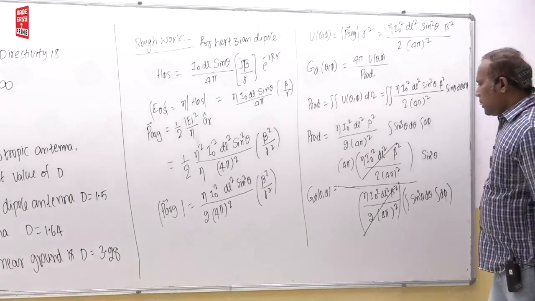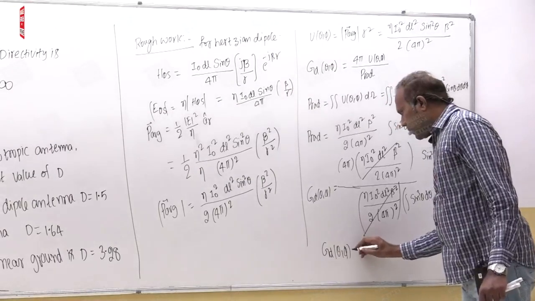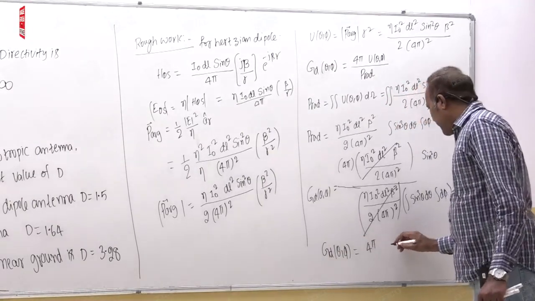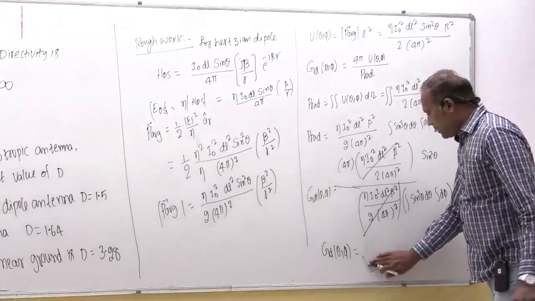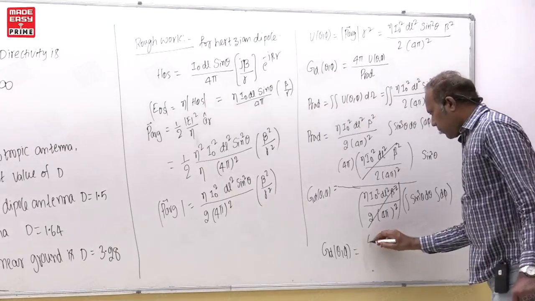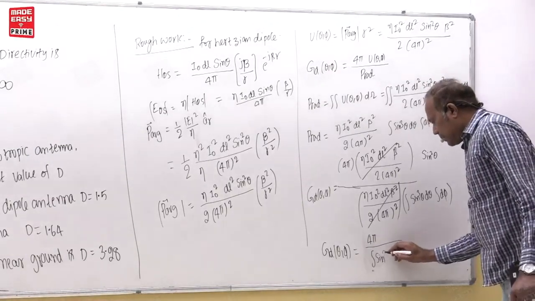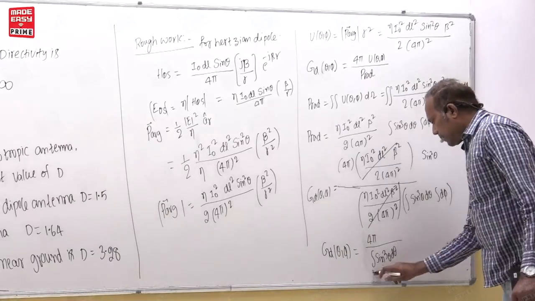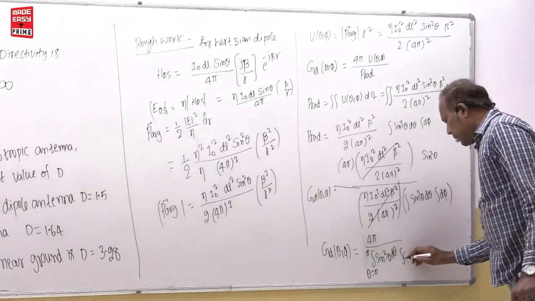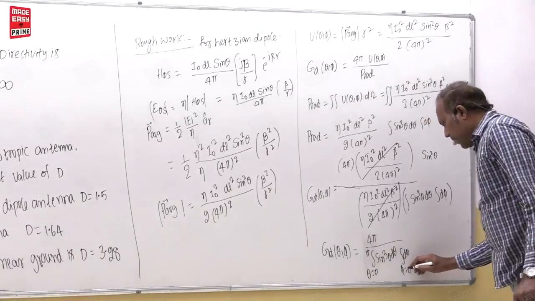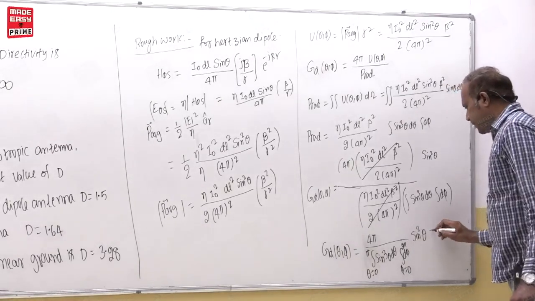If this goes, then you can see G_D of (theta, phi) is equal to 4 pi divided by the integral of sin cube theta d theta, with theta varying from 0 to pi, integral d phi, with phi varying from 0 to 2 pi, into sin square theta.